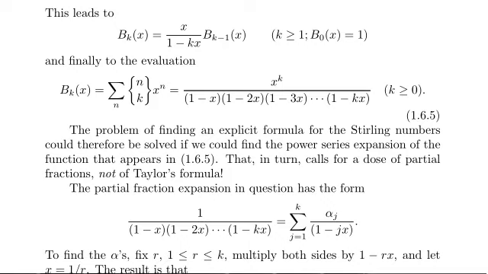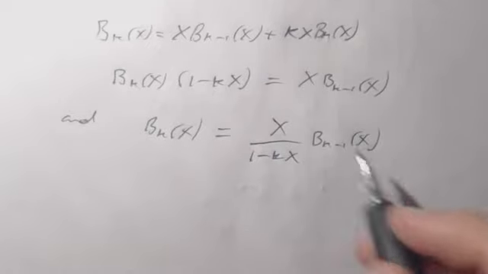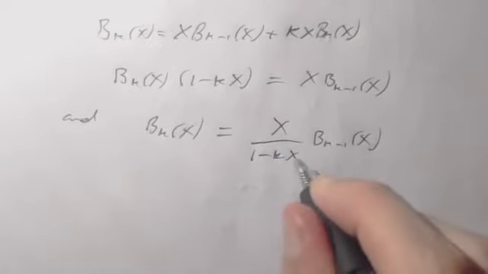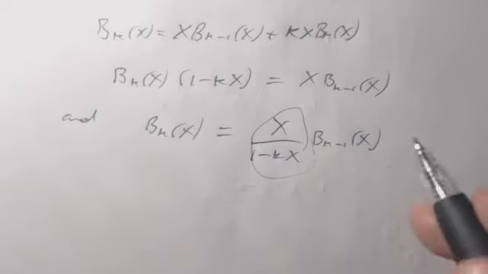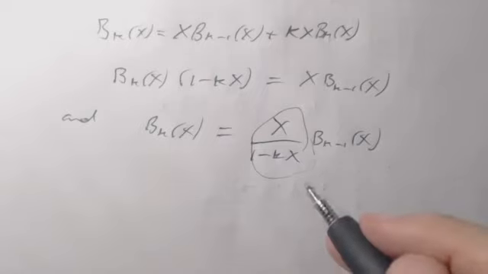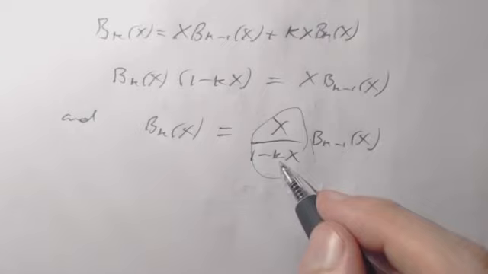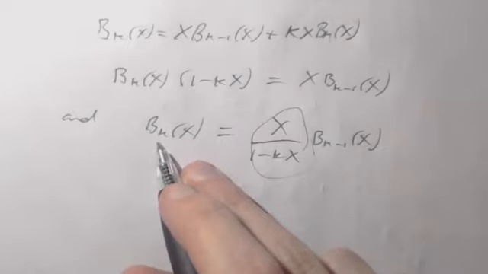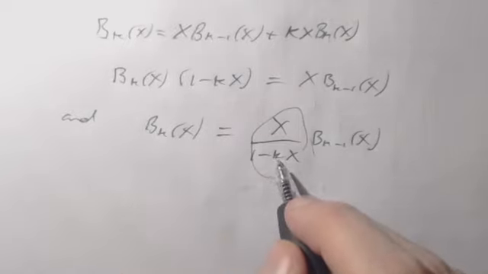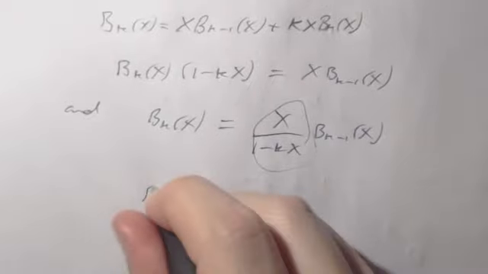And finally, this leads to the evaluation. b_k(x) is equal to, well, it's just going to be the product of all of these over the k's, for k going from 1 to whatever. Sorry, I'll just write this out.